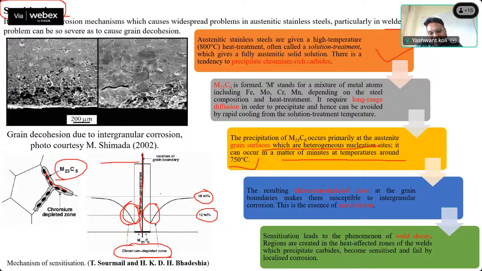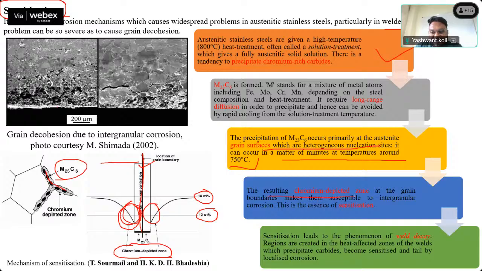So during fabrication, if chromium carbide formation takes place and a chromium depleted zone forms adjacent to the grain boundaries, the sample can have a problem of intergranular corrosion. That corrosion we have to take care of. That is the sensitization problem.